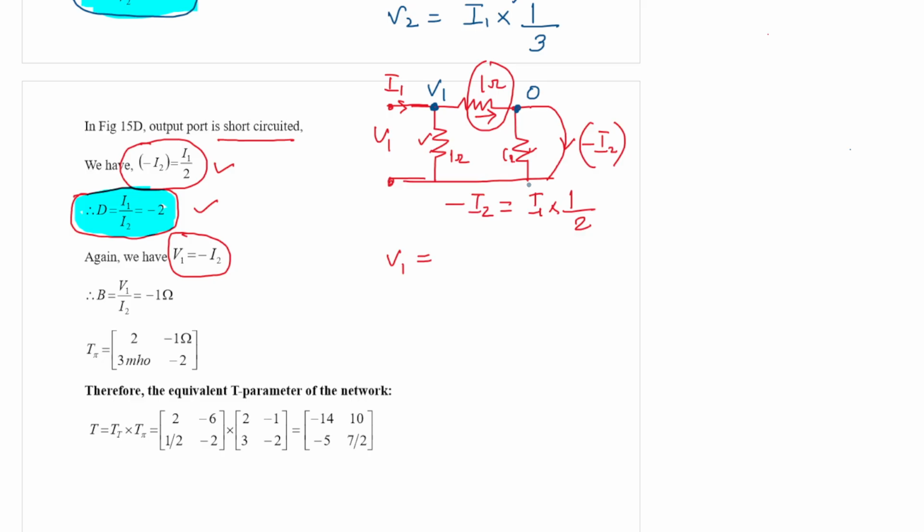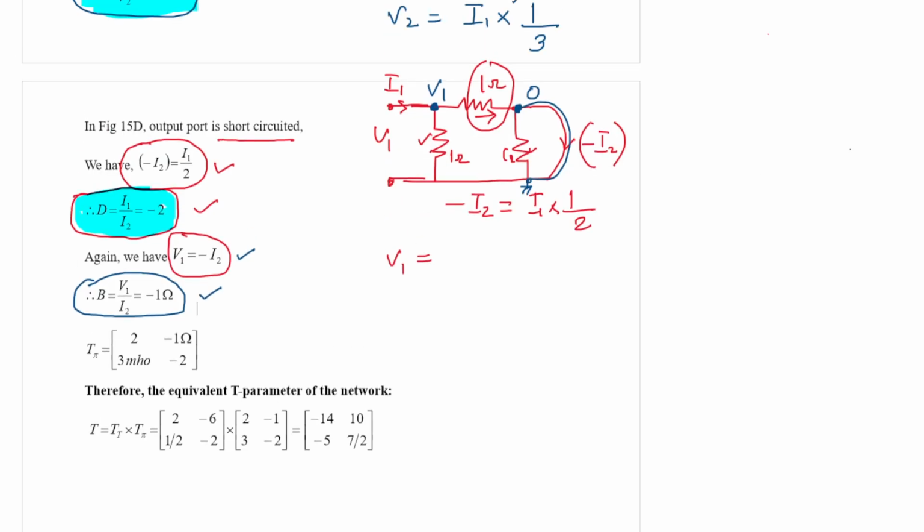Why? Because this is directly short circuited, so this node also becomes 0. So the potential drop is V1 and the current flowing through is minus I2. So minus I2 is equal to V1 by 1. That is why V1 is equal to minus I2. So from there B should be V1 by I2, which is equal to minus 1 ohm.